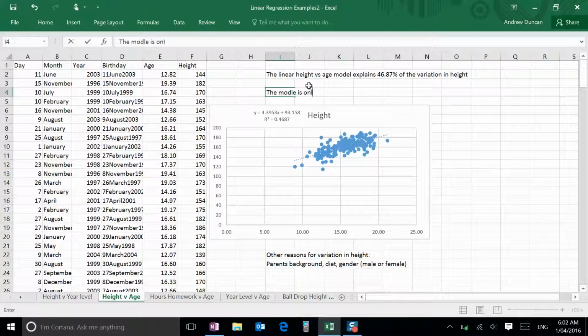The model is only valid for x values between, let's say, 8 and 20.